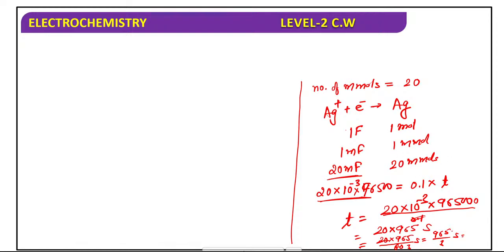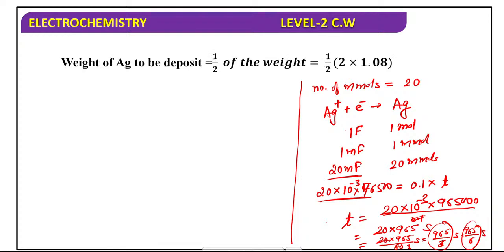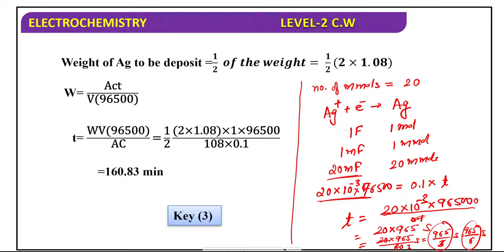Okay. तो यहाँ भी कर सकते हैं, जो टाइम आया ठीक है उसका हाफ कर दिया. हाफ मीन्स डिवाइड बाय 2 है ना, तो इसको 965 डिवाइड बाय 6 कर दिया तो भी आ जाएगा. ओके. अभी तो इसने यहाँ किया ना, वेट ऑफ सिल्वर टू डिपॉजिट इज हाफ ऑफ द वेट. वी हैव टू half it. Okay.